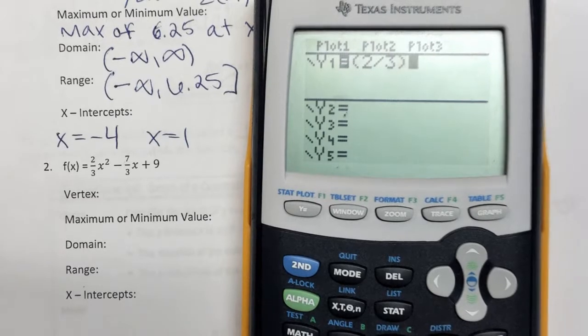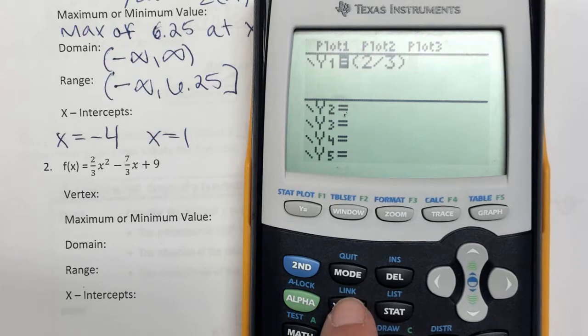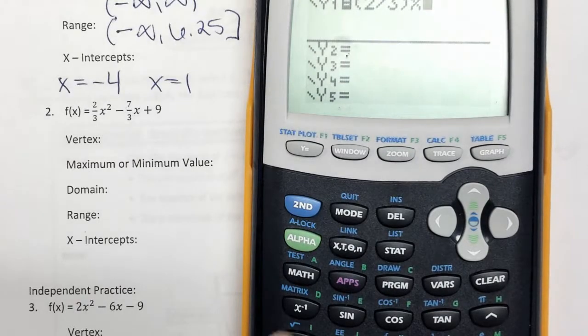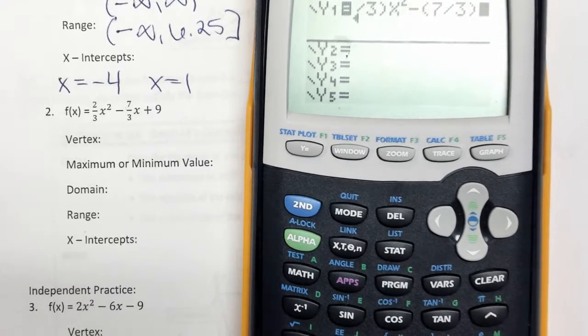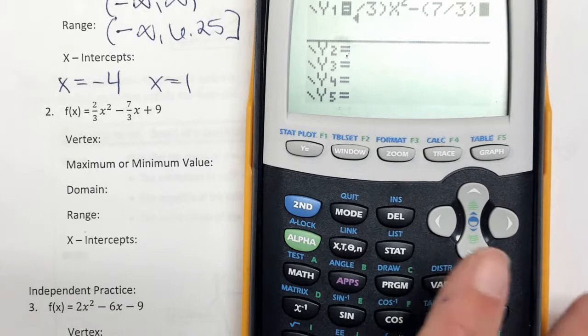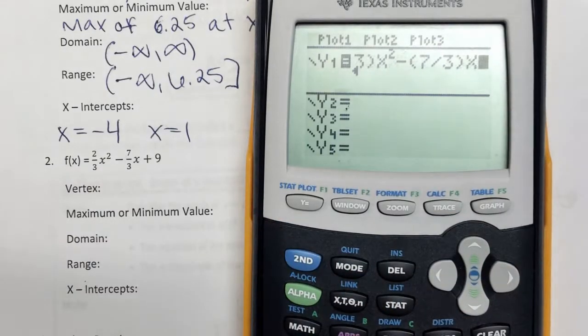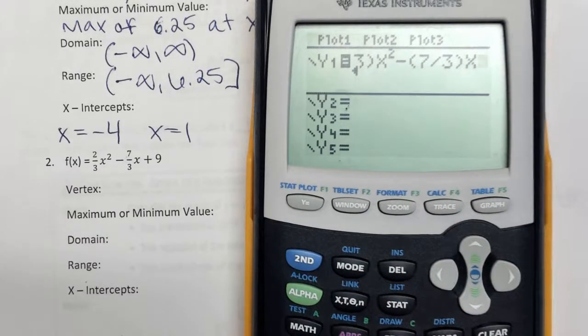Close parentheses. Then hit this X button right here. Squared. And then minus, put in parentheses, 7 over 3. Don't forget your X. Plus 9.